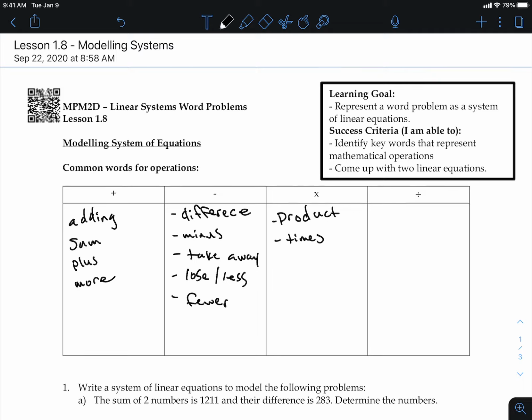Times, twice. I guess more again. Different context, yeah. Twice, but they're going to use the word something else, like twice more. See what I mean in context? Or twice less or something, whatever they're choosing to try to trick you with.